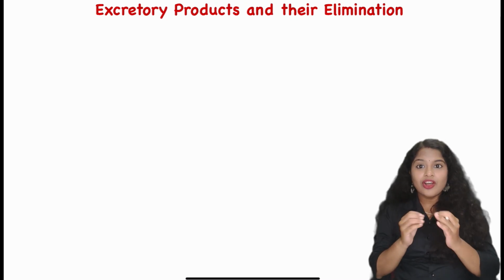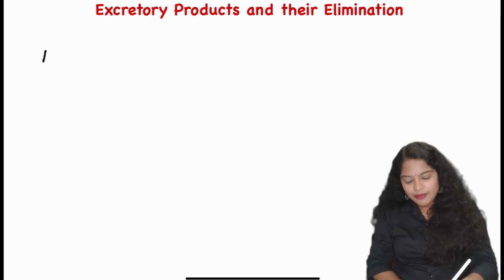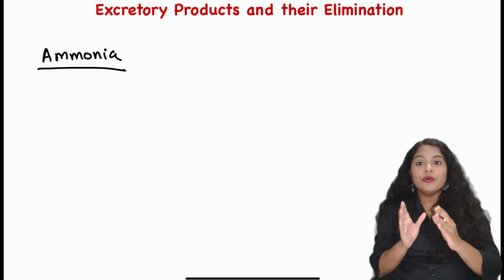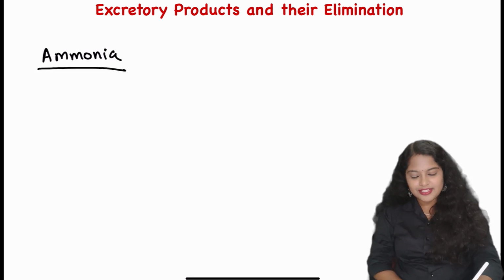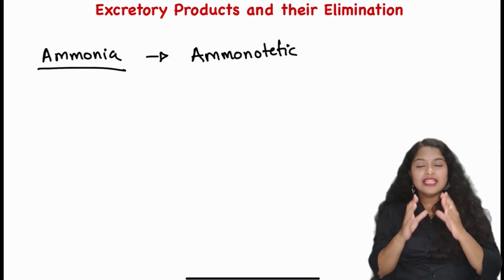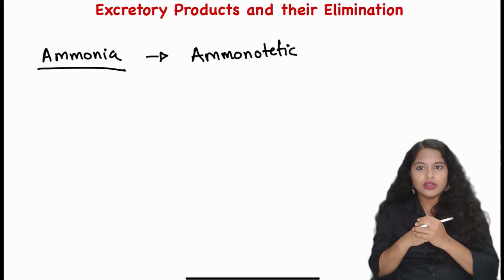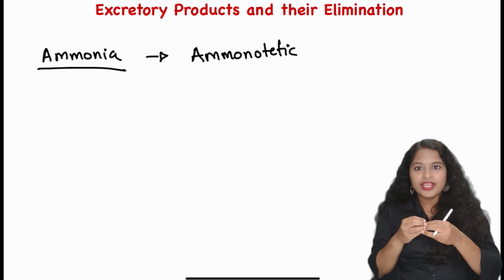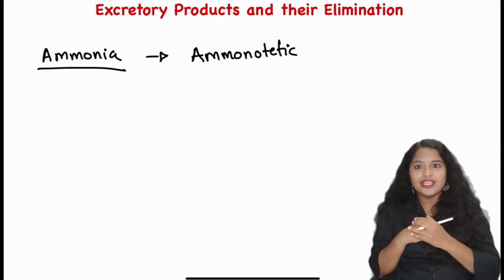The most toxic type of excretory product is ammonia. The organisms that remove ammonia as their excretory product are called ammonotelic organisms. Since ammonia is very toxic, it requires a large amount of water for its elimination. So the animals that eliminate ammonia as their excretory product are aquatic organisms.